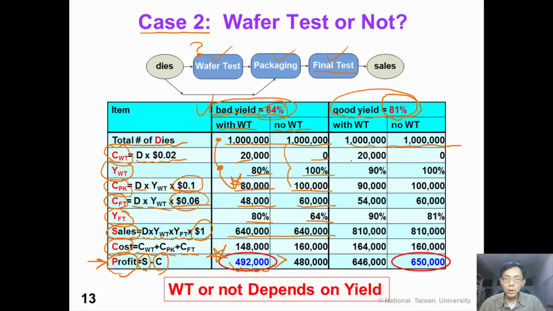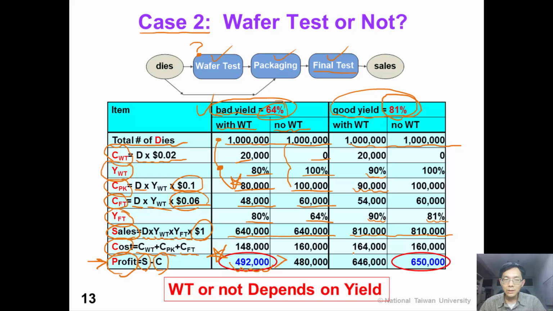If we do a wafer test, the wafer test yield is 90%, so the package cost is $90,000. And the final test yield is 90% and 81% respectively. In this way, both cases have the same sales of $810,000.